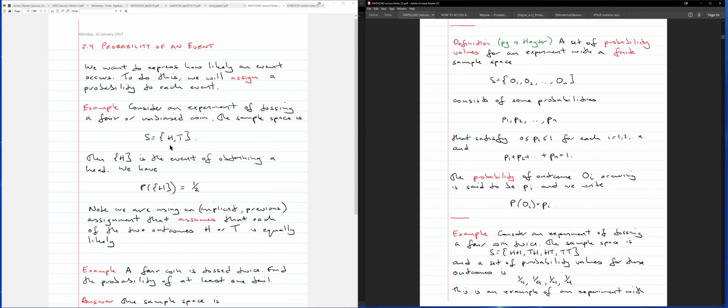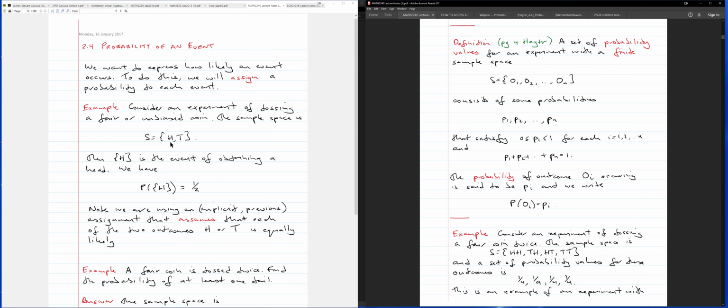So each outcome is equally likely, and the sum of the probabilities is equal to 1. That means each probability is a half.